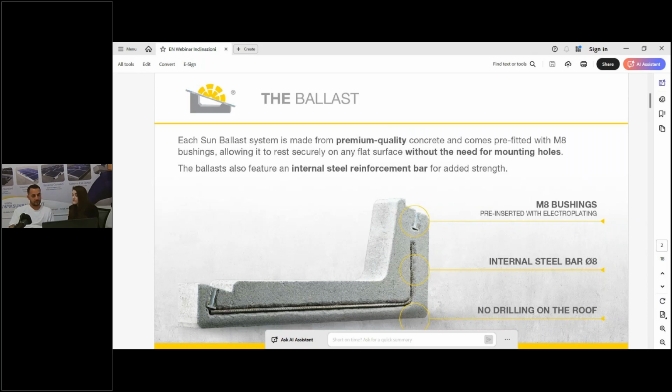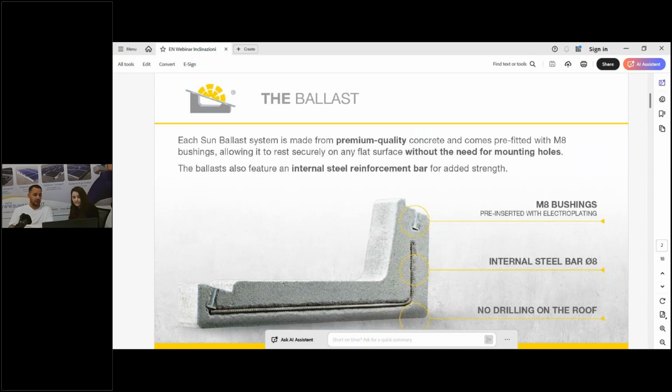Also, there is an internal steel bar inside to make it more resistant. That's why our slogan is made to last. And as I said, no need to drill on the roof. You just position the ballast and it's done. No need for further accessories. You just need the ballast, the sheet to put under the ballast, and the clamps, all of which we provide. Always. Easier than this, I don't think you'll find.